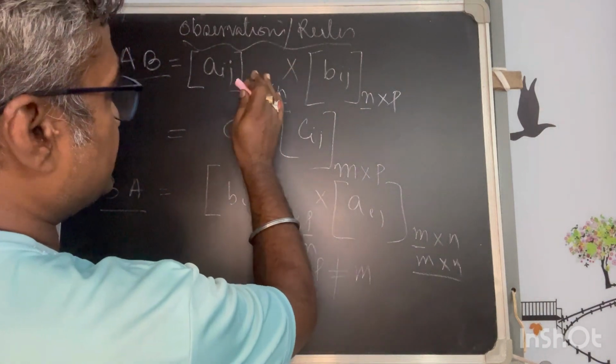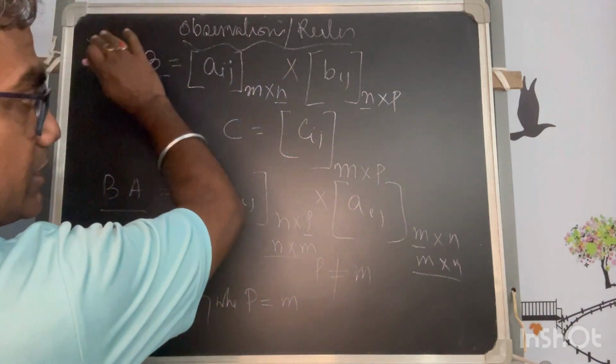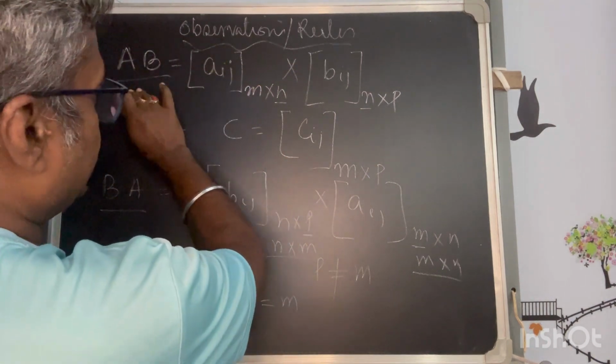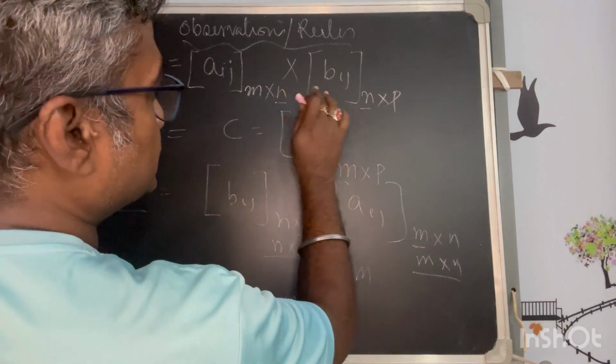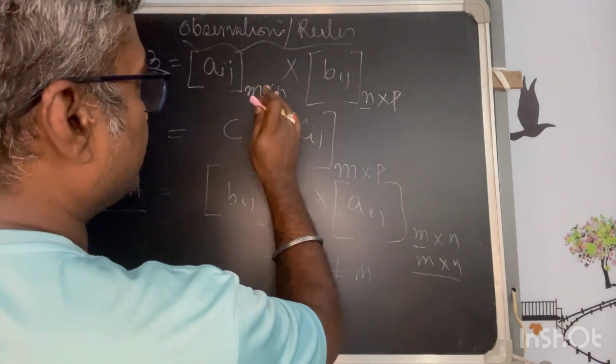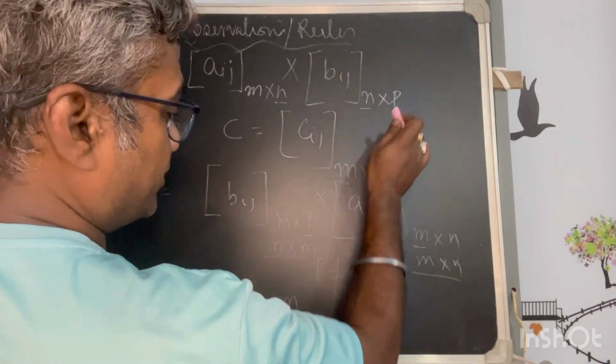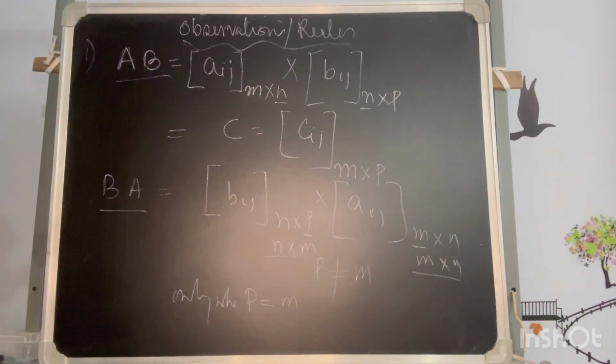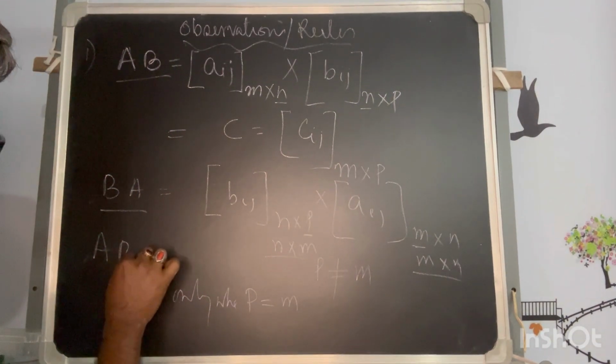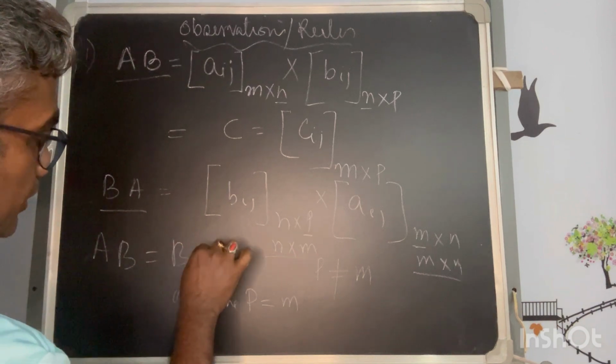For the first, A, if columns are equal to rows of the second, then the rows of the first will equal the columns of the second. So then only can we say the product equals B into A.